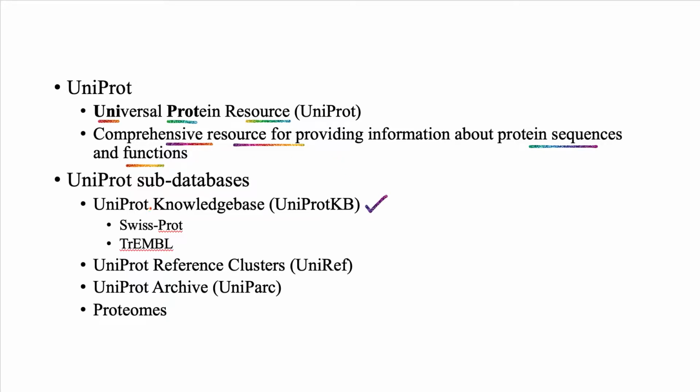We have the UniProt Knowledgebase, which is again divided into sub-databases: one is known as SwissProt, and another one is TrEMBL. The other sub-database is the UniProt Reference Cluster, also known as UniRef. And the third one is the UniProt Archive, also known as UniParc. And then we have Proteomes. I will discuss in a moment what these different sub-databases are.